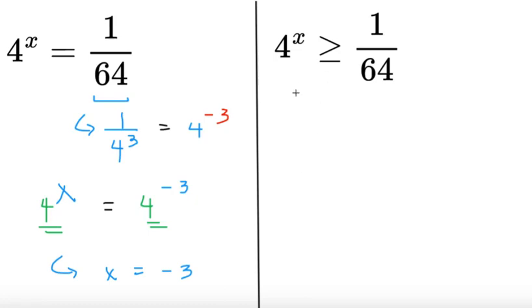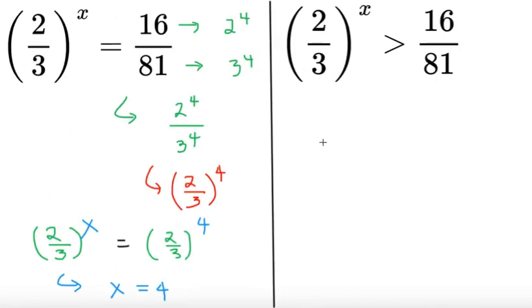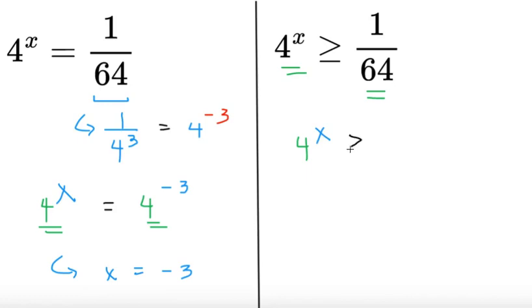So the left side is 4 raised to x, greater than or equal to, copying the sign, and the right side becomes 4 raised to 3.